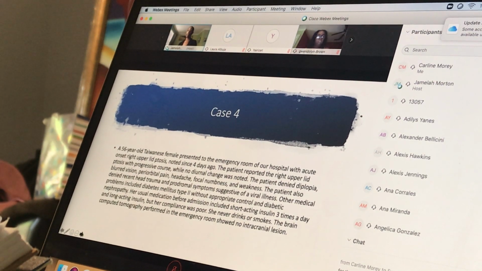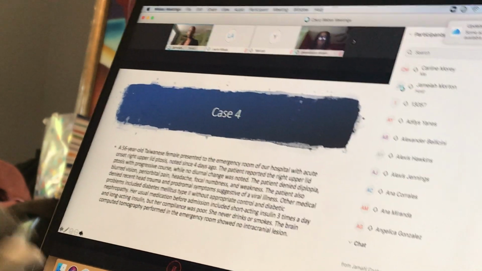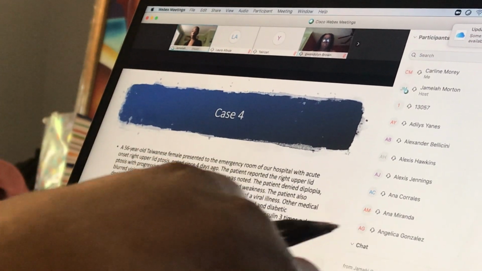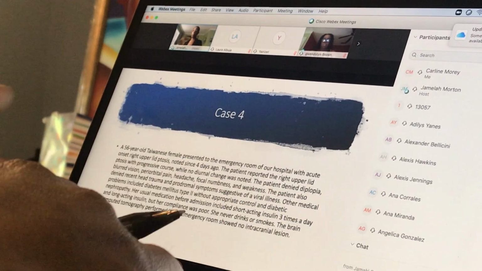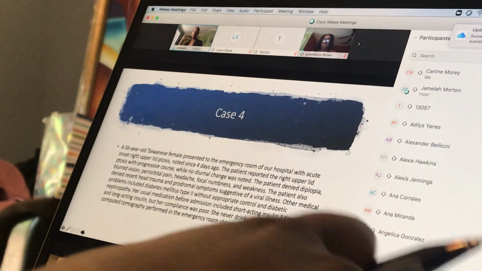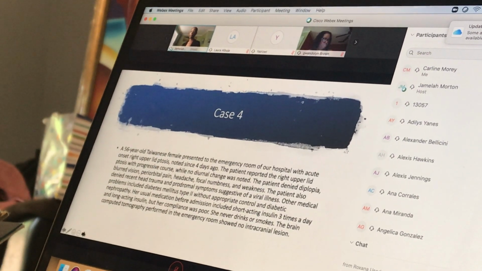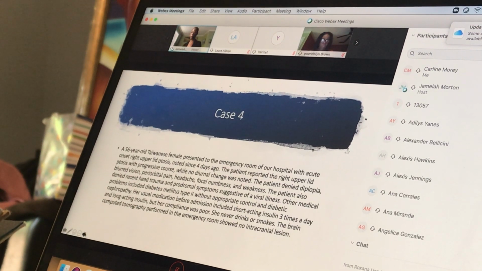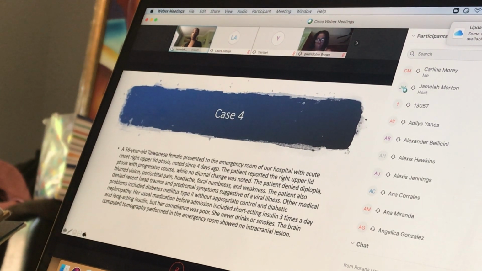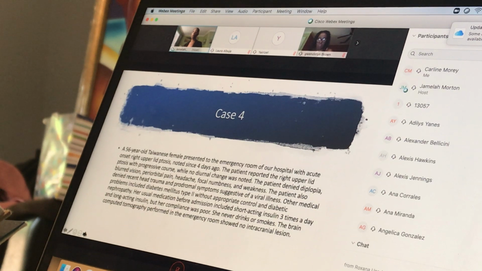The patient denied diplopia, meaning I don't see two things. If it's 2 fingers, I don't see 2 fingers, I don't see 2 people. She denies any blurred vision, eye pain, headache, or focal numbness or weakness. The patient also denies recent head trauma and prodromal symptoms suggestive of viral illness.